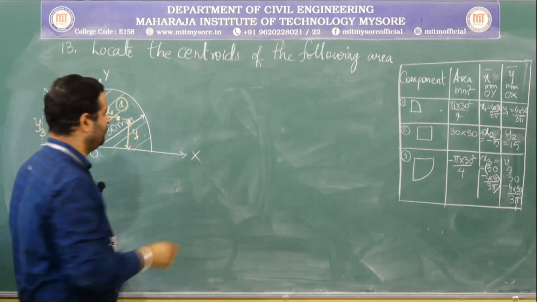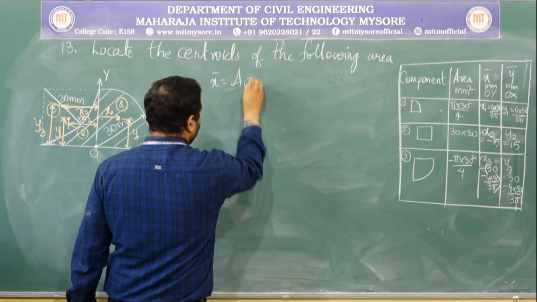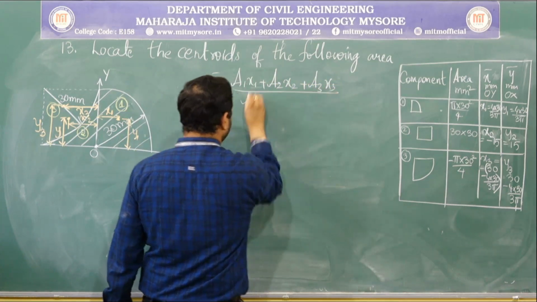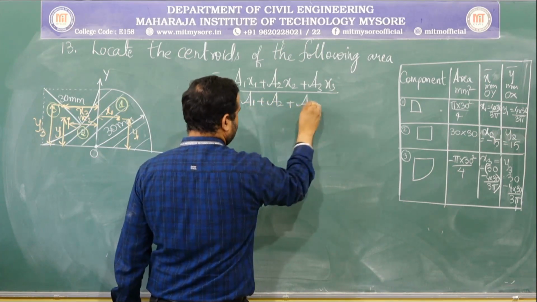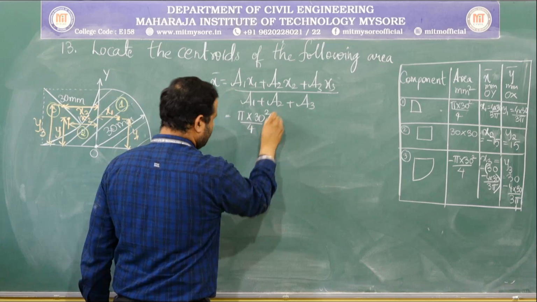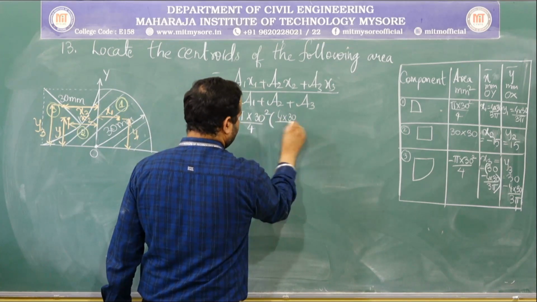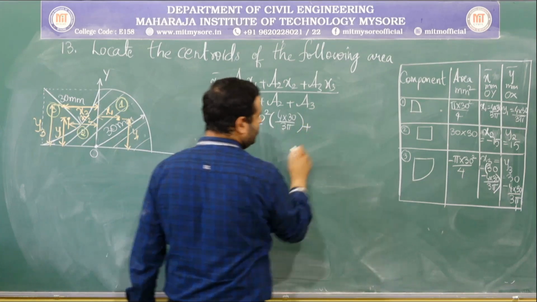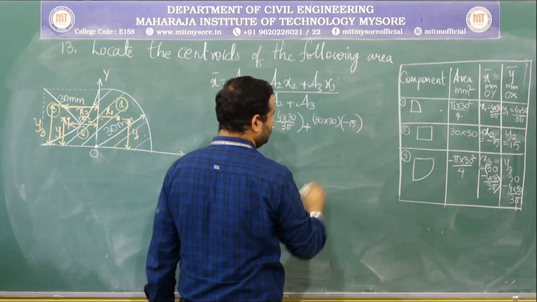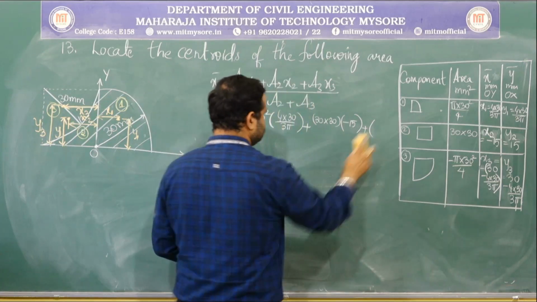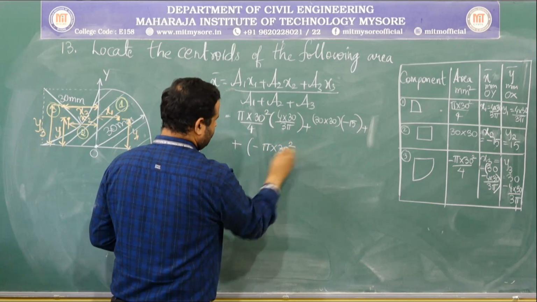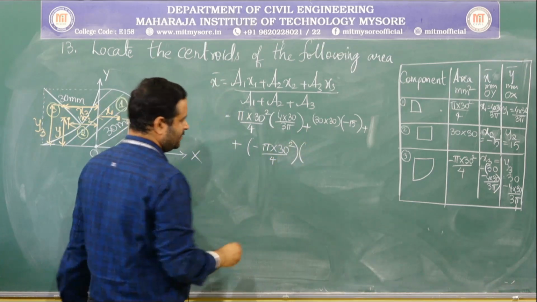So now in the formulas of x bar and y bar, x bar is equal to a1 x1 plus a2 x2 plus a3 x3 whole divided by a1 plus a2 plus a3, which is equal to a1 is pi into 30 square by 4 into 4 into 30 by 3 pi, plus a2 is 30 into 30 into x2 is minus 15, plus a3 minus pi into 30 square by 4 into x3.